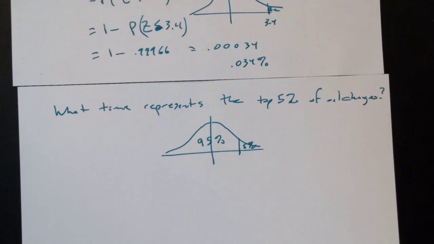If I'm using my technology, what am I going to try and find on that technology? Jacob? Well, you have the areas, you have to find the Z-score. And that means I'm taking the normal backwards. That's my inverse. Whether I'm using the calculator to do the inverse normal or Excel to do norm dot inverse, I can do that backwards. This is an inverse problem.